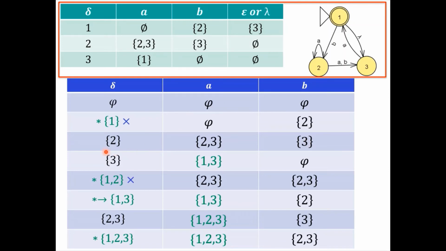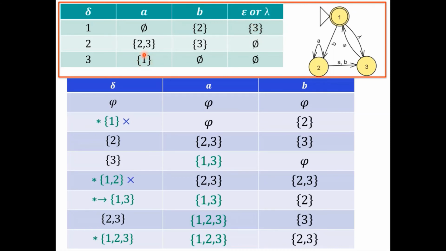Next, for state 3 of our DFA, for input letter A, if we consult the transition table of the NFA, we can see that at state 3 for input letter A, there is a transition from state 3 towards state 1. And similarly, on state 1, there is an epsilon transition towards state 3.